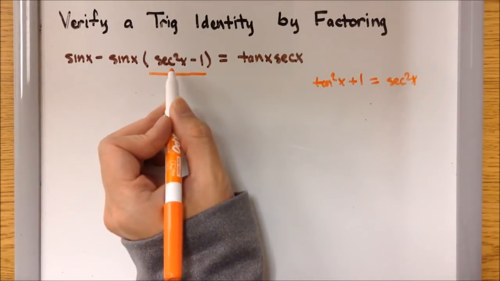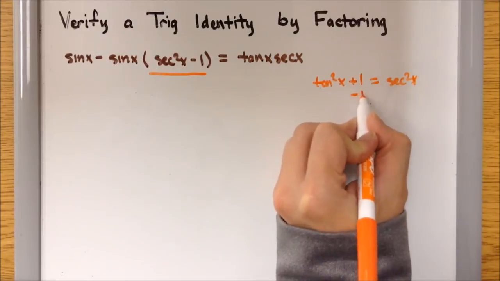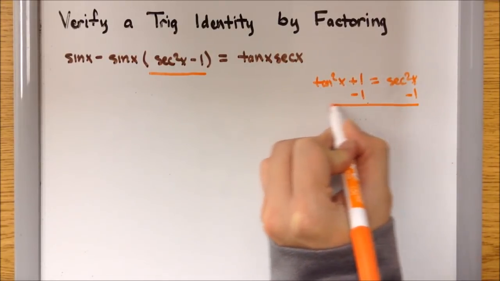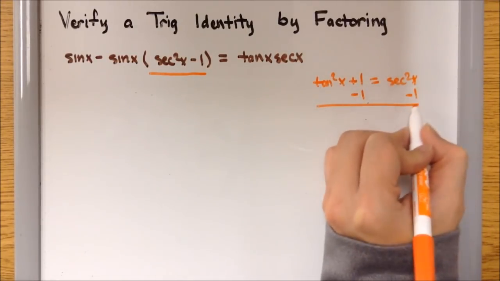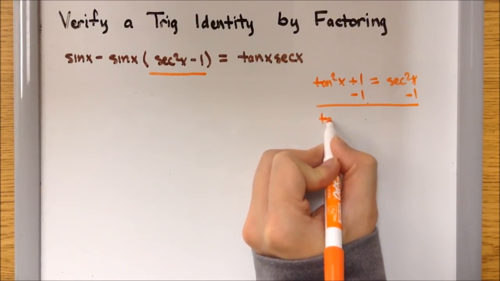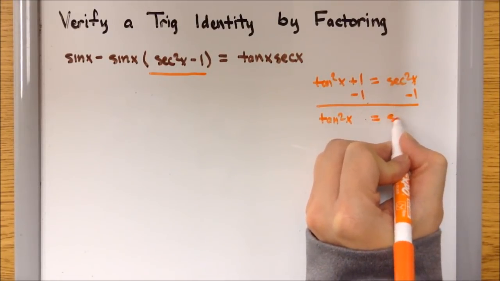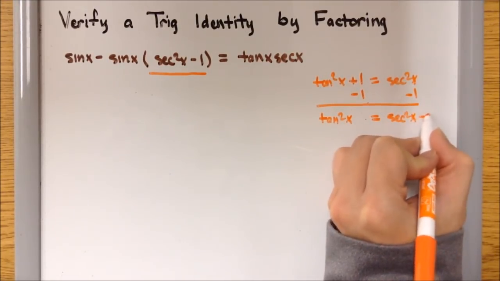Now, in the example, secant square of x and the 1 are together. So I'm going to subtract 1 to get rid of it from the left side, and then combine it with the secant square of x on the right side. So it's going to be tangent square of x equal secant square of x minus 1.